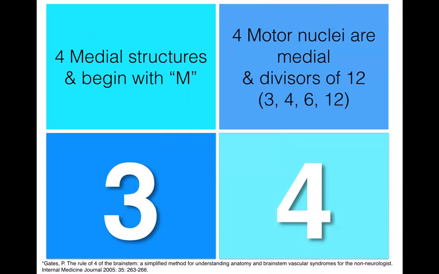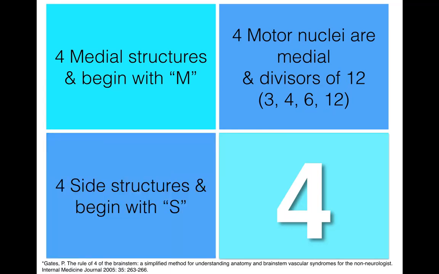The second rule is that of those 4 medial structures, some of them are the cranial nerves that are divisors of the number 12: 3, 4, 6, and 12. Rule number 3, there are 4 important structures located in the brainstem.